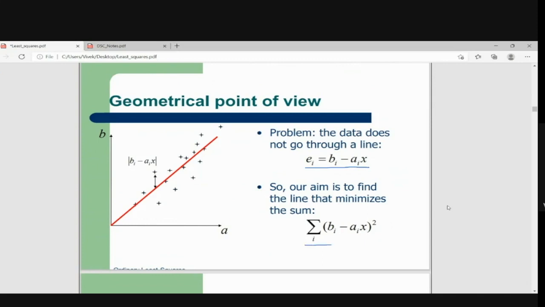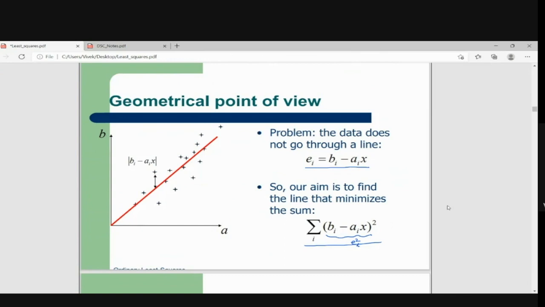So this is my ei square, and I take all these errors together and want this error to be minimized.